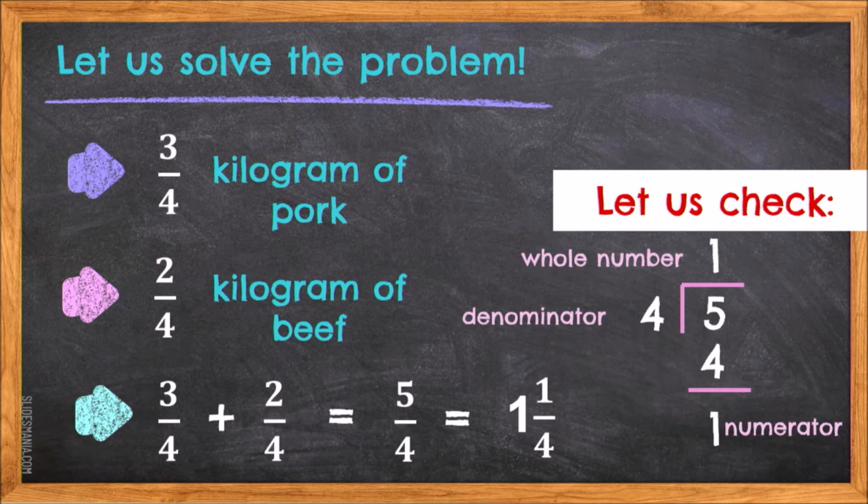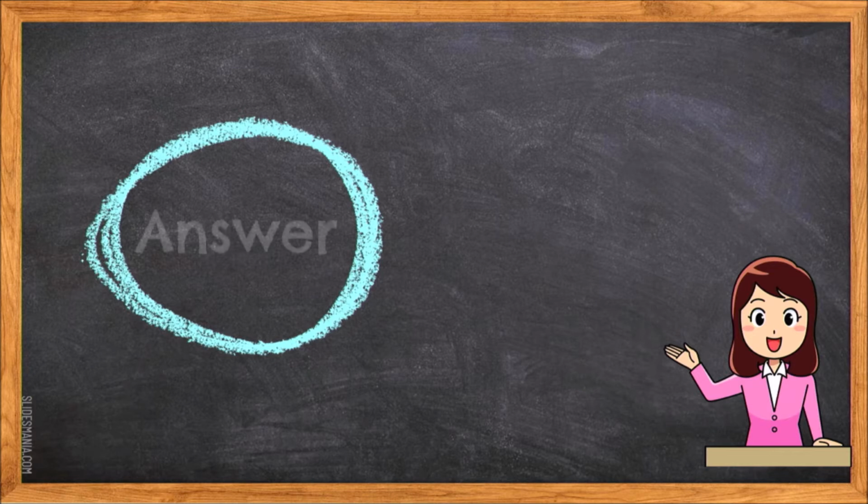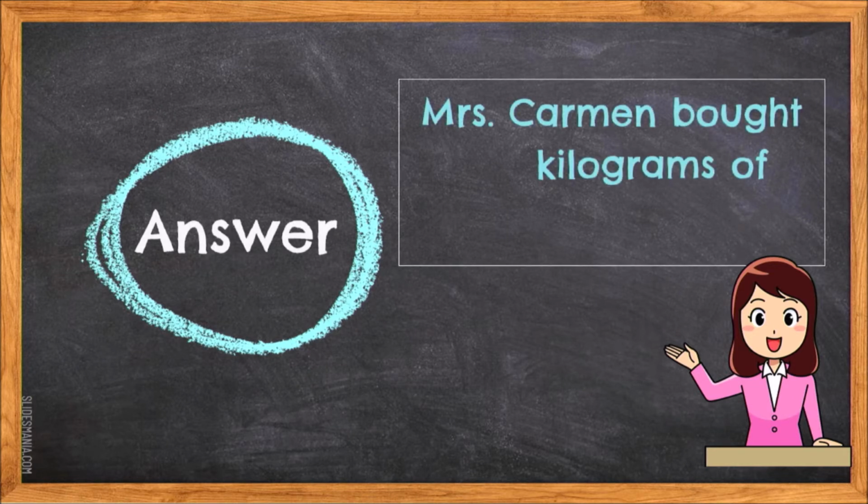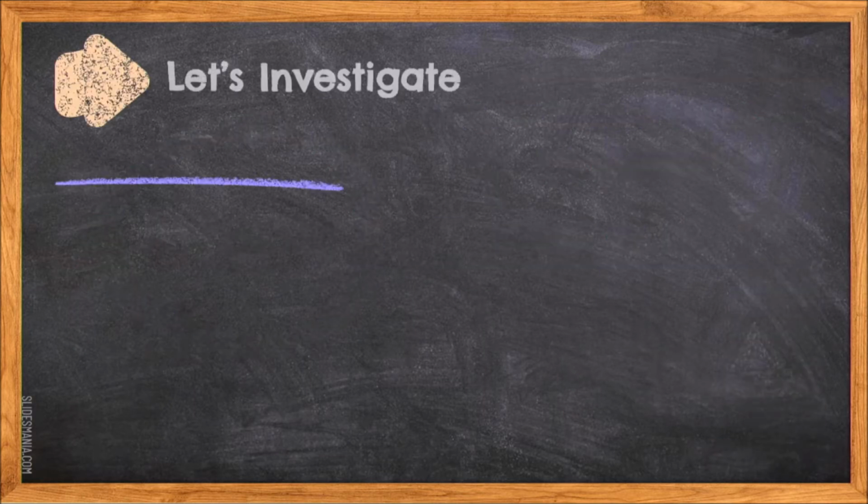Let us have more examples later on. The final answer in our problem: Mrs. Carmen bought 1 and 1/4 kilograms of meat in all. Again, Mrs. Carmen bought 1 and 1/4 kilograms of meat in all. Now, let us have more examples.